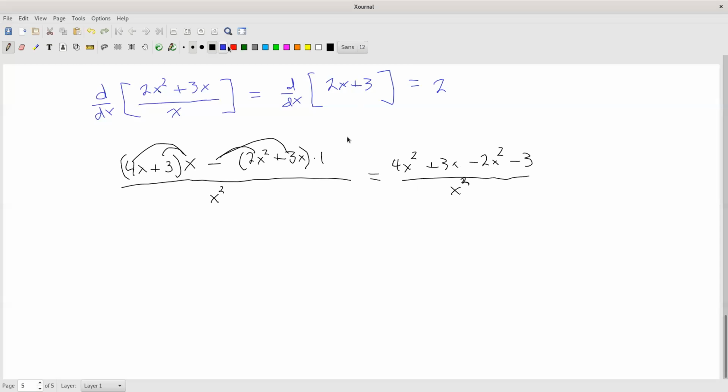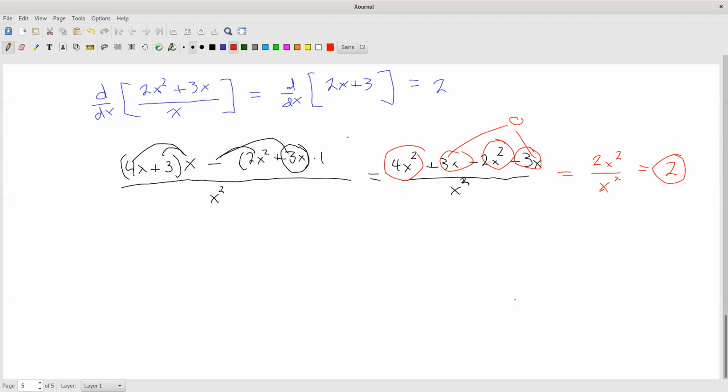And then in the numerator, you should notice that we have 4x squared minus 2x squared, which is 2x squared. And then I have a 3x minus 3x, which is a 0. So I just have 2x squared in the numerator. I divide that by x squared, and I get 2 like I claimed above.